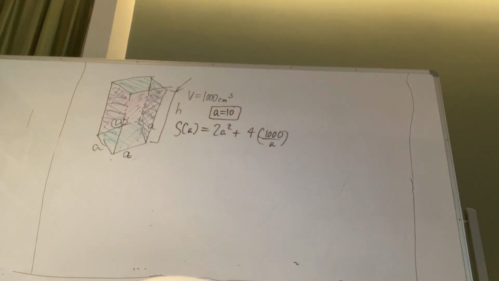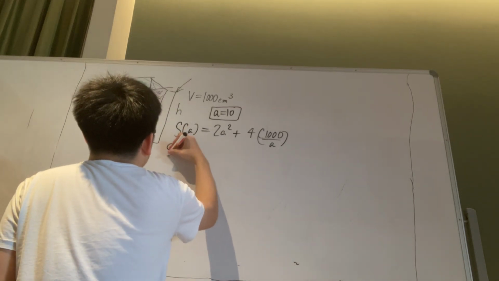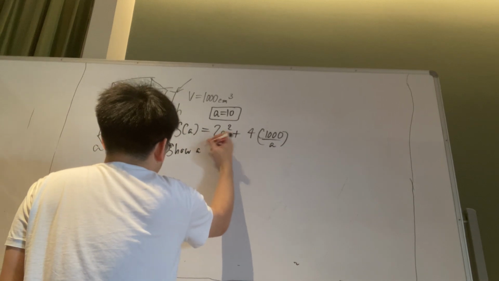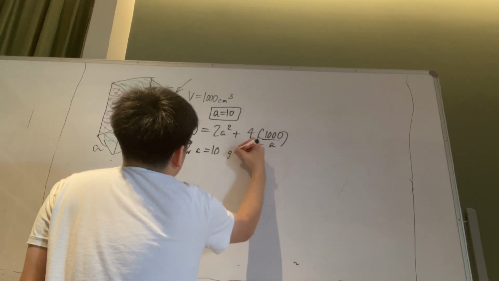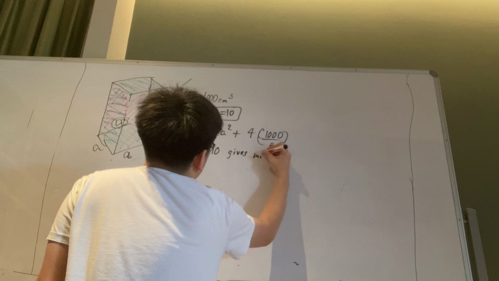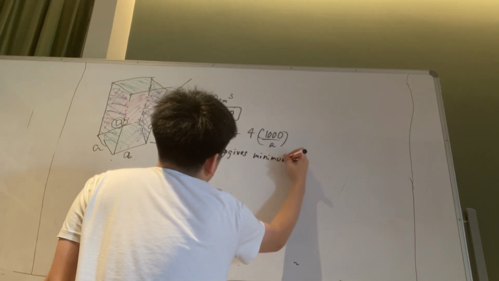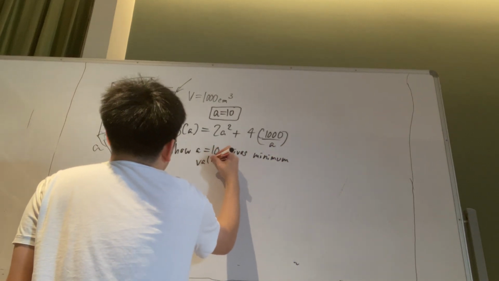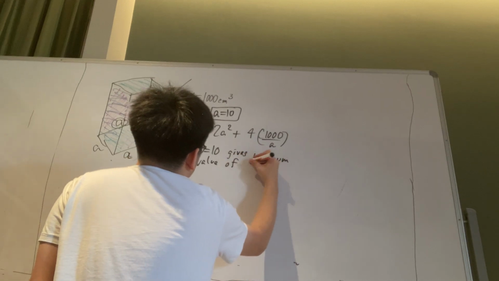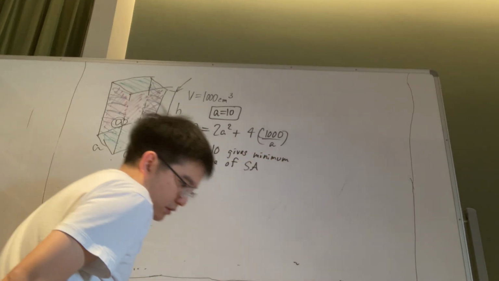So the prompt says, show the value of a gives the minimum value of the surface area. Show a equals 10 gives minimum value of surface area. I'm just going to abbreviate it as SA.